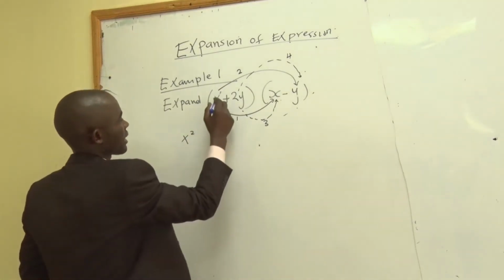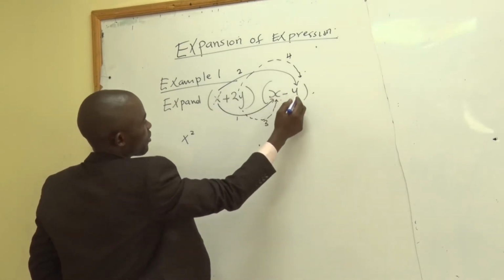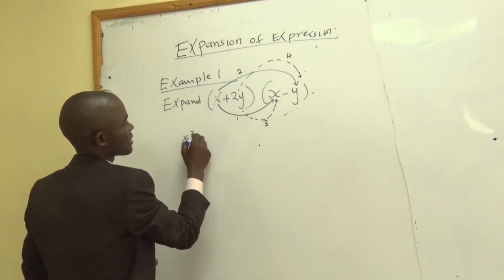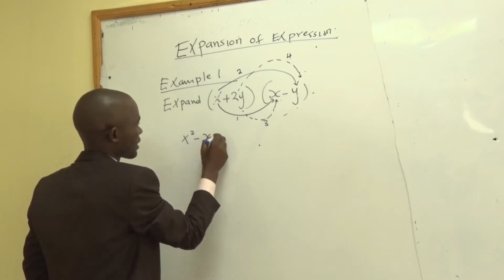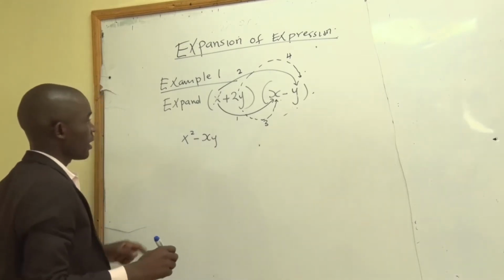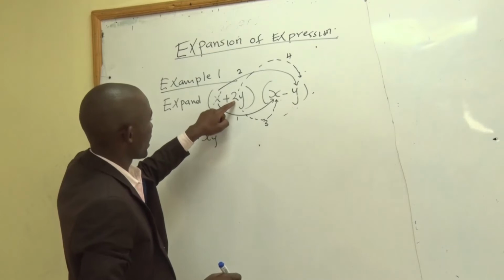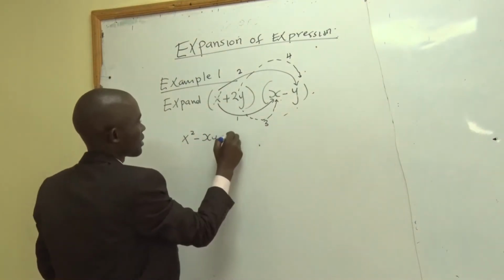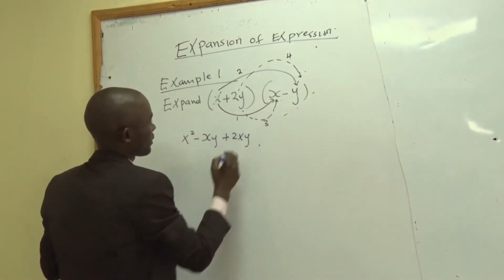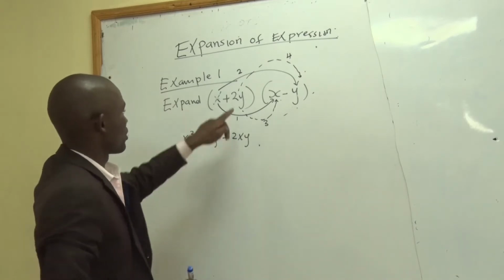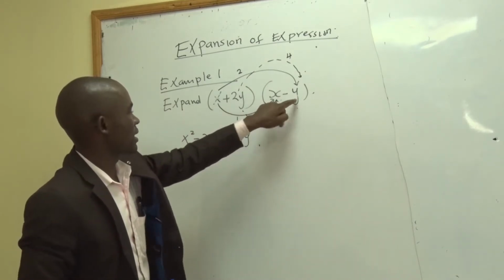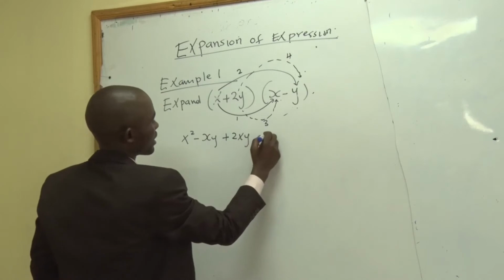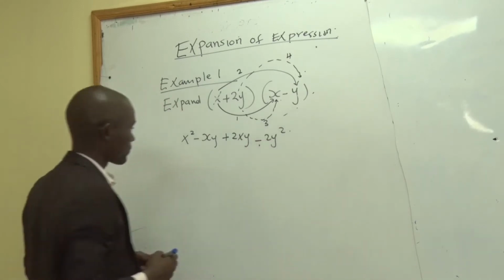Step 2, you will take x multiplied by y, which you will get as minus xy. Step 3, 2y multiplied by x, you will get plus 2xy. Step 4, you will take 2y multiplied by minus y, you will get minus 2y squared.